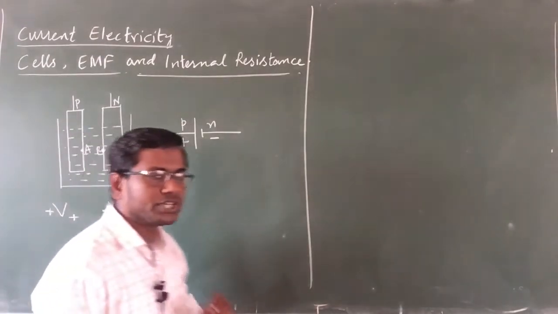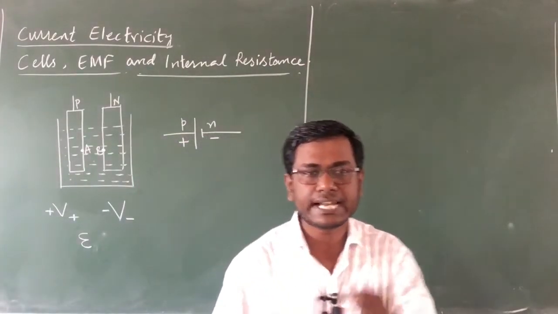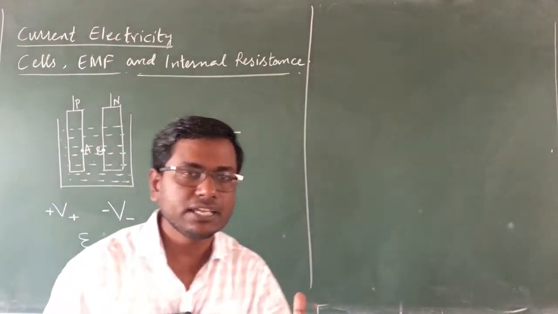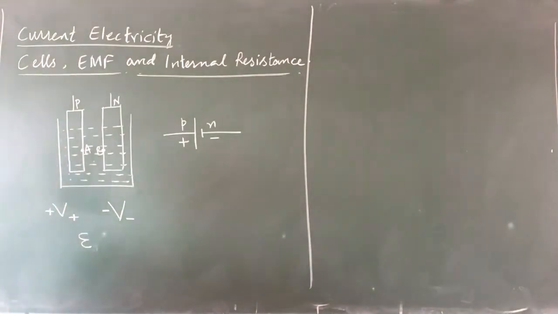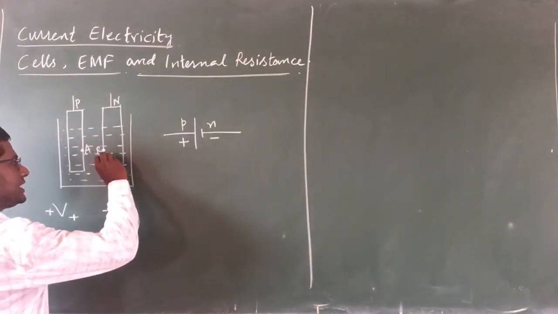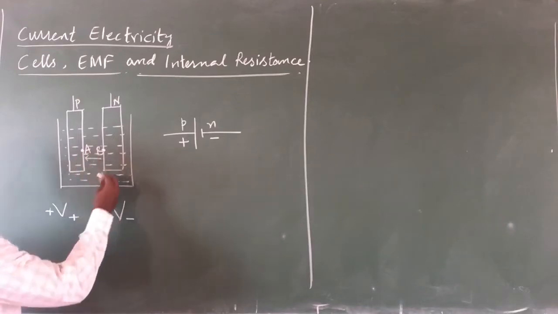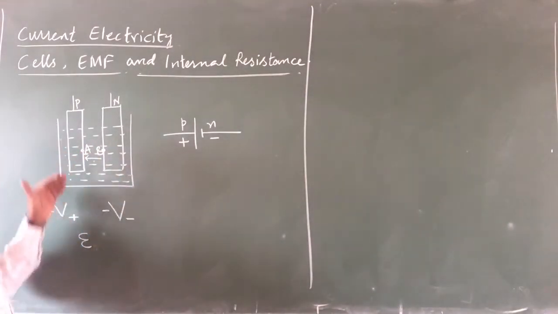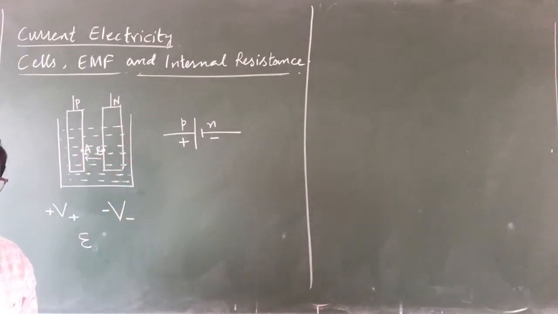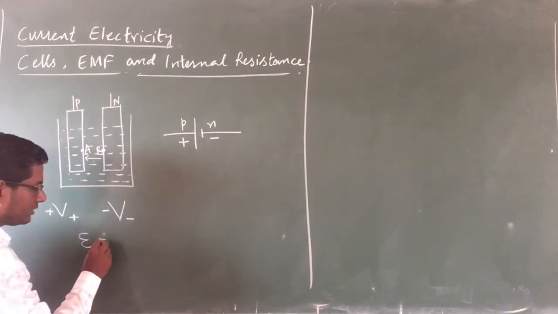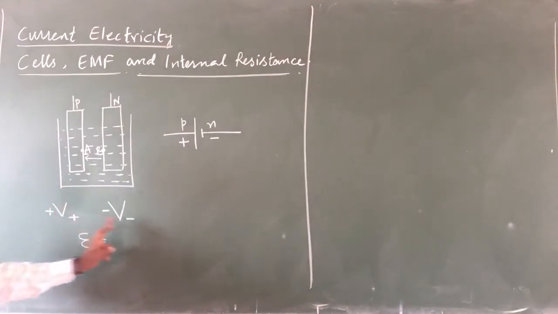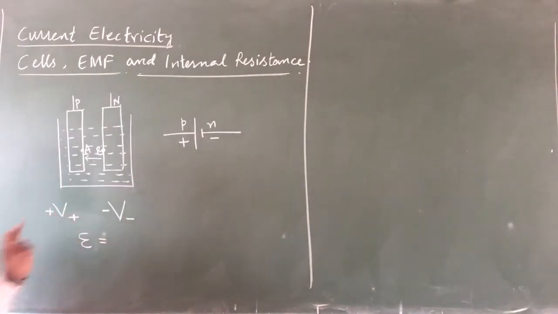Now, what is that potential difference going to do inside the electrolyte? We know that the current flows from the higher potential to the lower potential. Positive charges, because they are getting attracted, will be moving from point B towards point A, and the negative ions will be attracted by point B, so they will be moving towards point B. So the total potential difference between these 2 points will be the difference between the two.